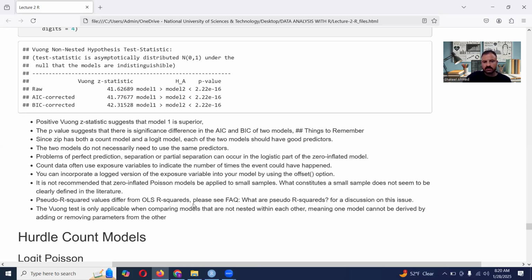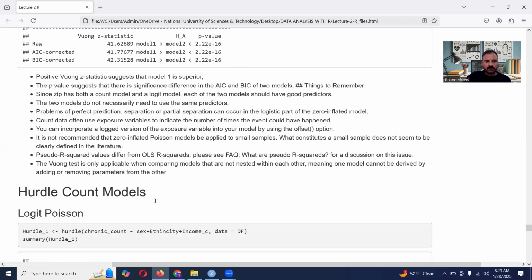You can see the tutorial on what zero R square is, and I can share the link if you are interested. And the Vuong test is used when you have a non-nested nature of models. The two models should have the same number of variables.